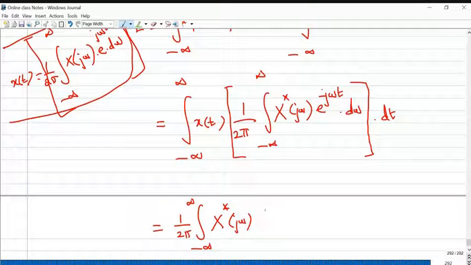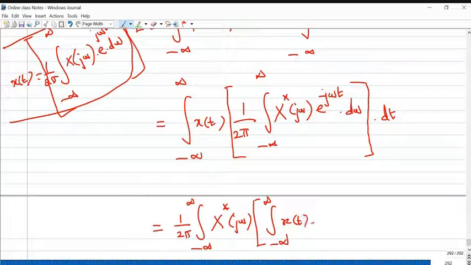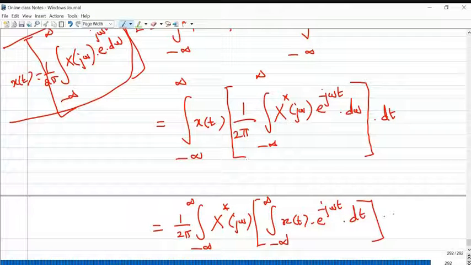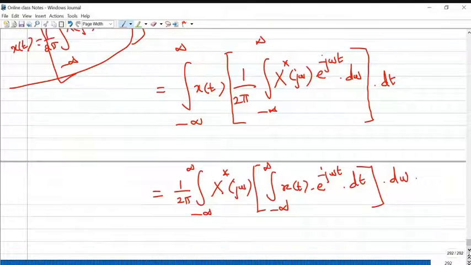Now combine all the other terms: the integral from minus infinity to infinity of x of t e power minus j omega t dt, and then d omega. So what is the integral of x of t e power minus j omega t dt?